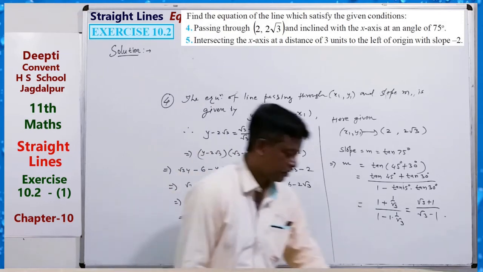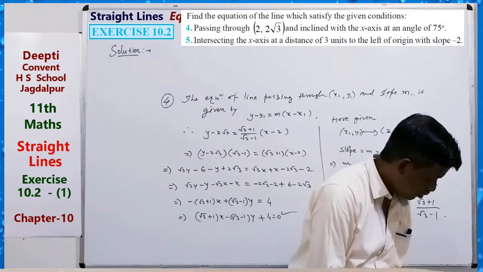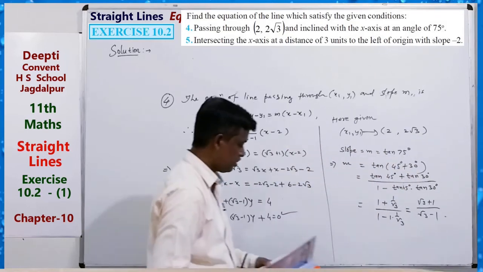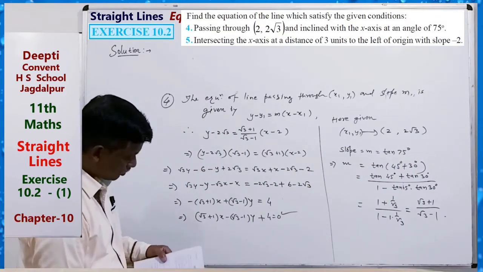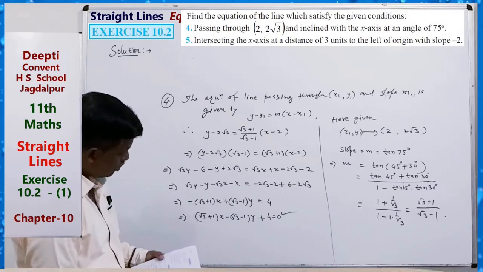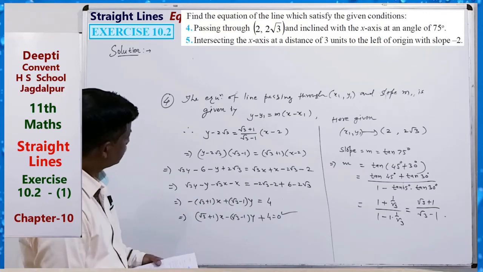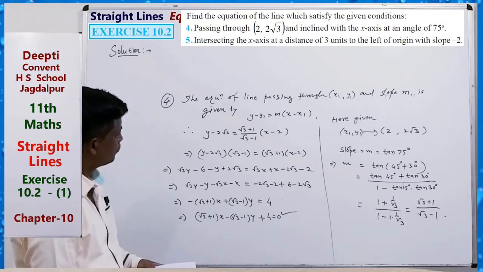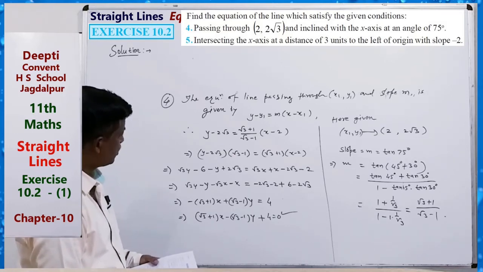So this is the equation of the line, root 3 plus 1 into x minus root 3 minus 1 into y, equals 4 into root 3 minus 1.